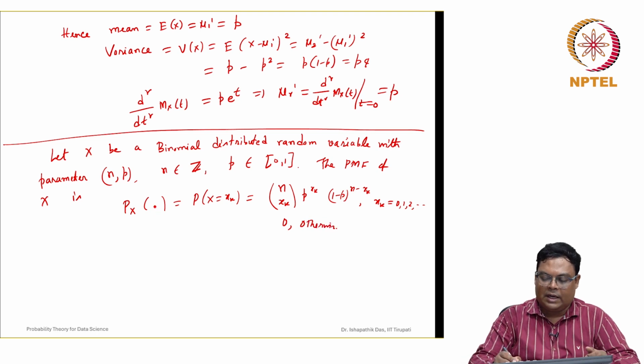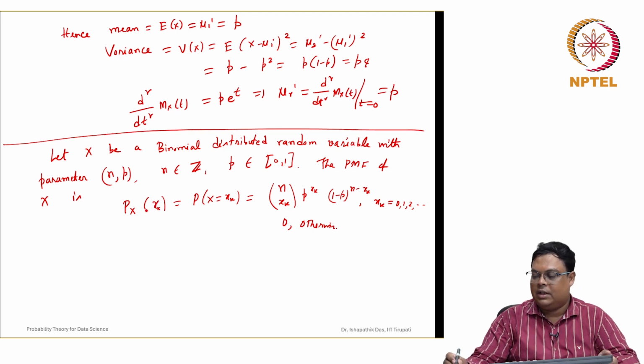For simplicity we take x_k, because it is a discrete random variable only. This is the probability mass function.